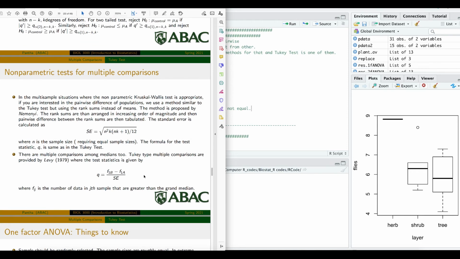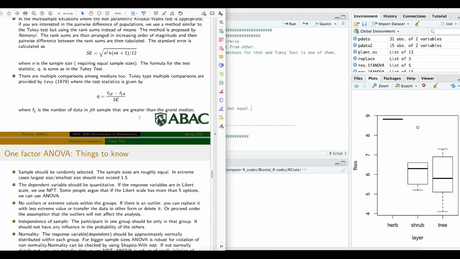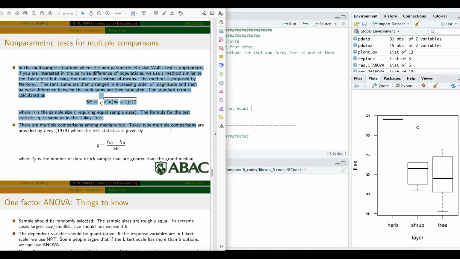This is the non-parametric test for multiple comparison, similar to the Kruskal-Wallis test for ANOVA, right? For the non-parametric ANOVA, there is a non-parametric test for multiple comparisons too. So you can search it again. I'm just telling you that this method exists.